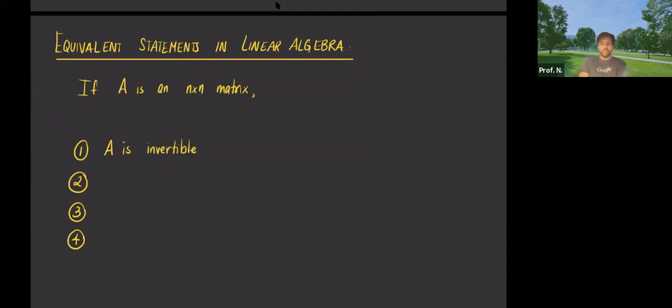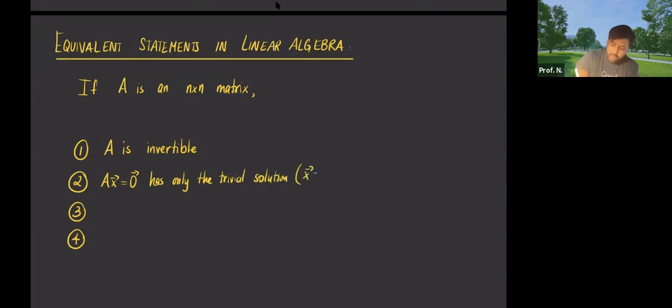So if A is invertible, what else is equivalent? Do we remember about this? Then AX equals 0 has only one solution called the trivial solution. And the trivial solution is X equal to the 0 vector, right?